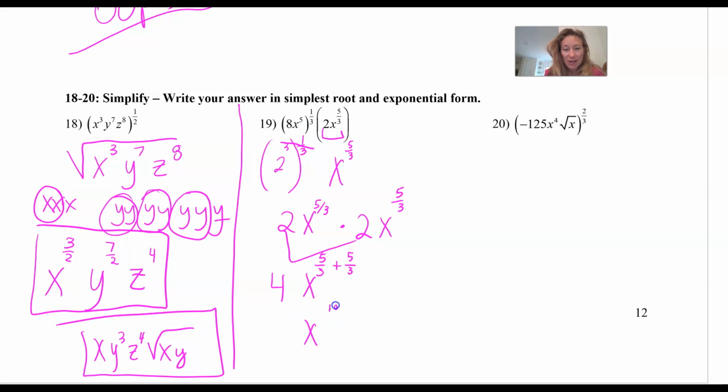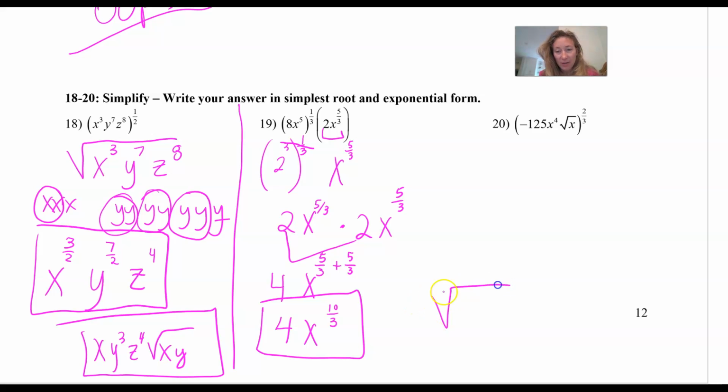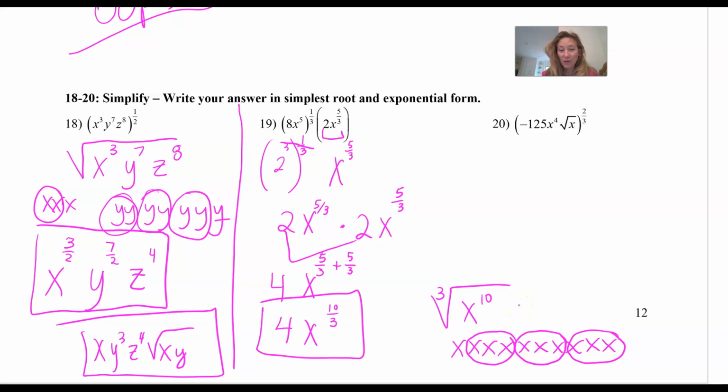x to the 10/3, and here is the 4. This is exponential form. Well, in simplest root form, the 4 doesn't have a fraction exponent, so I don't need to worry about that. But I would write it as the 3rd root of x to the 10th power, and then I could do that 1, 2, 3, 4, 5, 6, 7, 8, 9, 10. 1 group of 3, 2 groups of 3, 3 groups of 3, 1 left over.